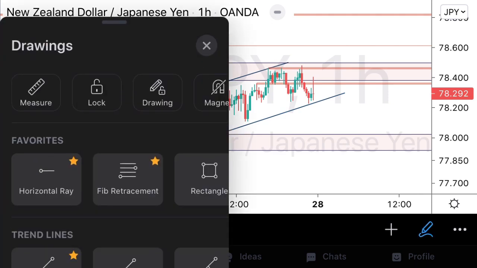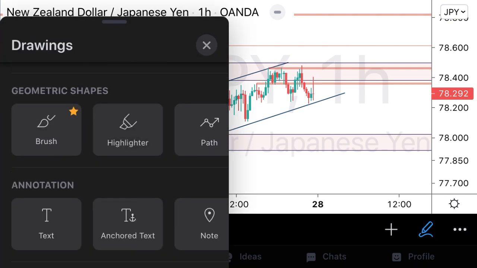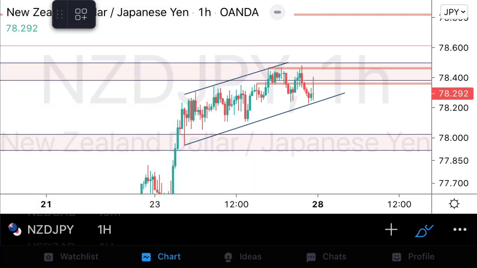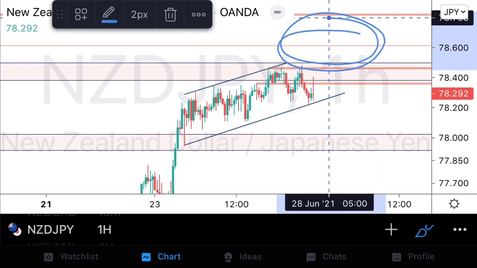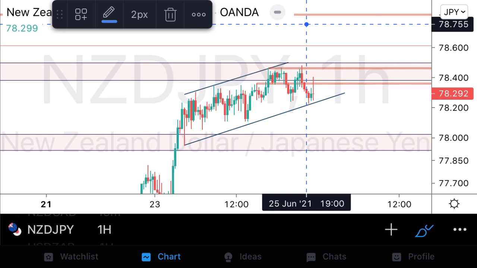And then what I'm going to do for myself here on New Zealand dollar JPY, sorry about that, is look for an opportunity to sell as high as possible. So what I want to see from this pair, guys, is for it to give me an opportunity to sell high.